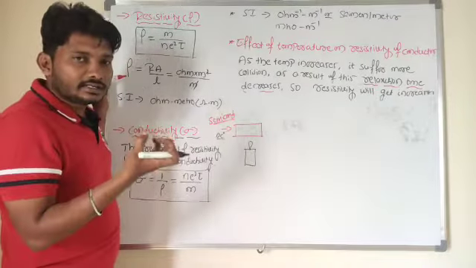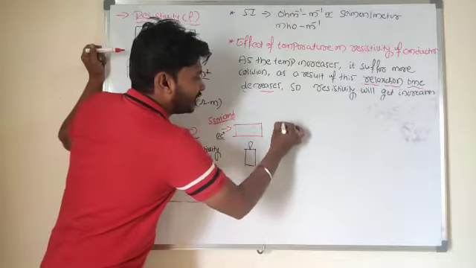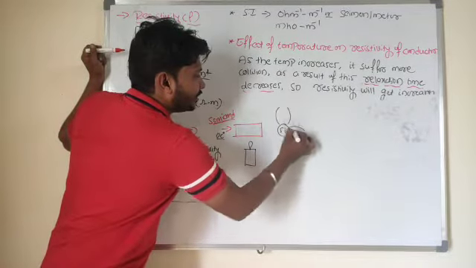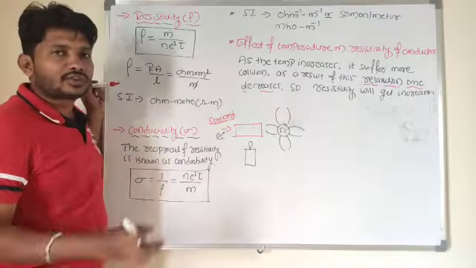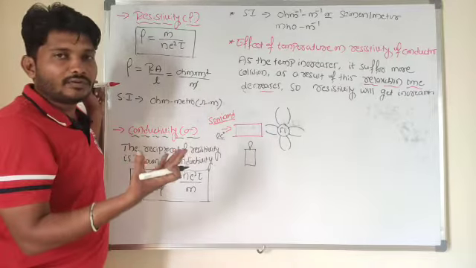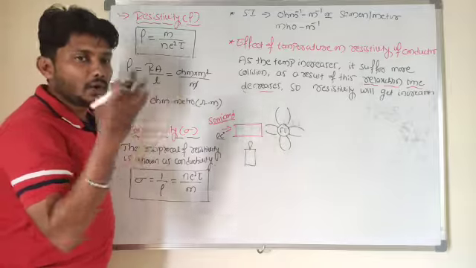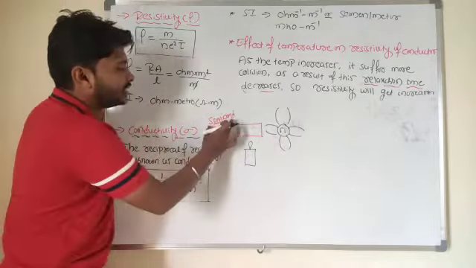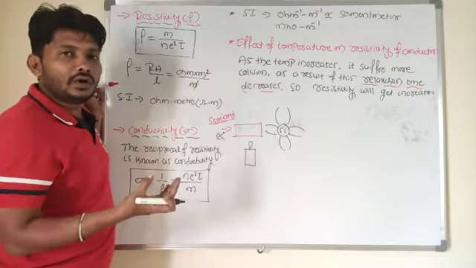Take silicon and germanium, for example, this is silicon. Silicon consists of 4 valence electrons in its outermost shell. All these 4 valence electrons make covalent bonds with neighboring atoms. So there are no free electrons at low temperature.